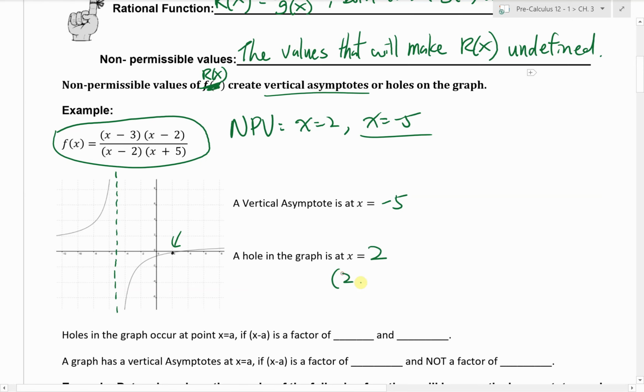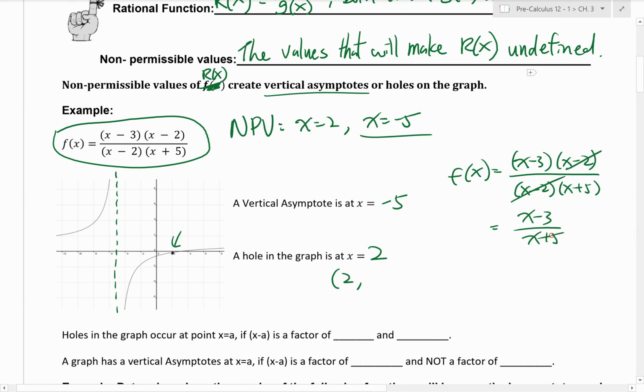But we are also interested in finding out what the y value is. You cannot quite tell what the y value is on this graph. But if you take this expression and simplify it, I'm going to copy it down first. If you simplify it, you can cancel the x minus 2. They just cancel themselves, so you end up with x minus 3 over x plus 5.